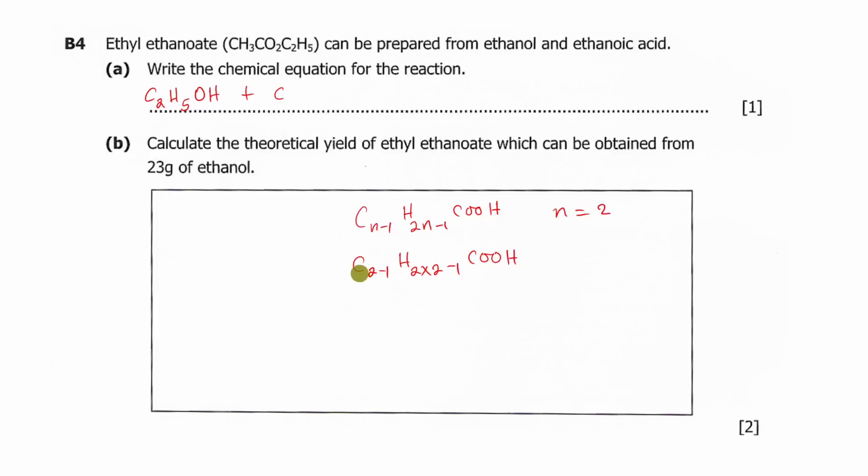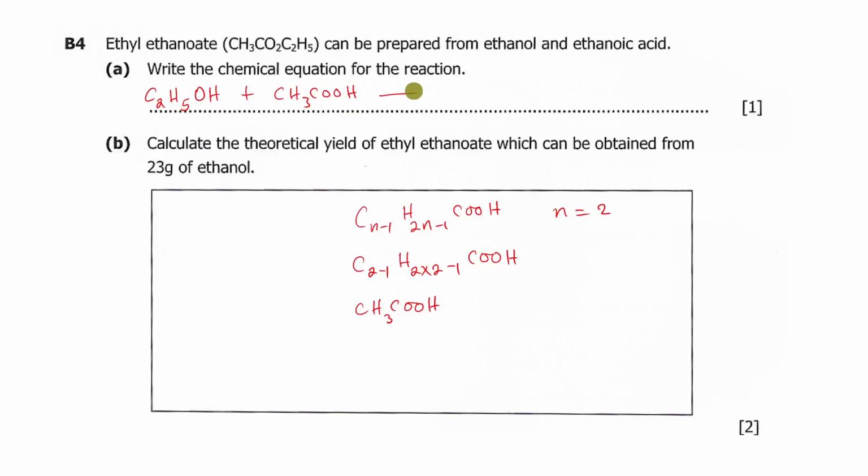Then I'll get C(2 minus 1) to be just C. Then 2 times 2, 4 plus 1, 5. So it will be CH3COOH. So this is ethanoic acid.